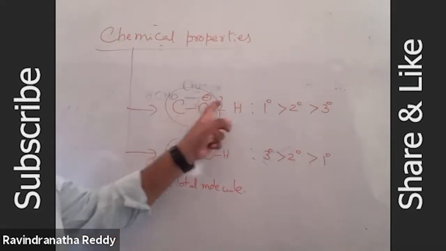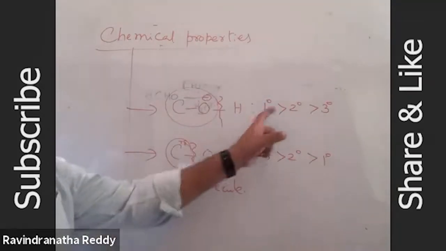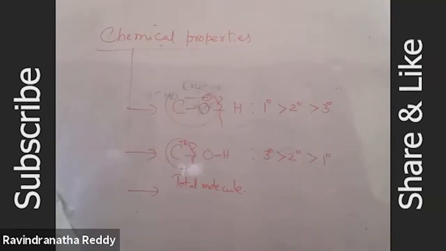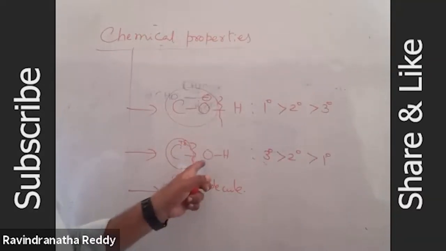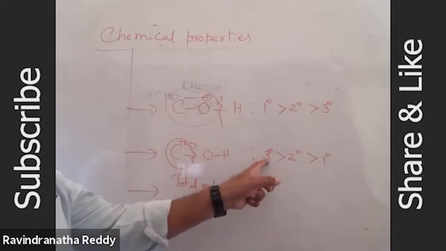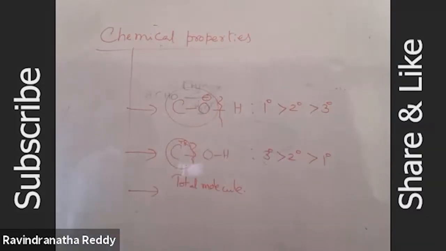Here there is anion formation, O minus. Like that anion, 1 degree is more reactive, next 2 degree, next 3 degree. Check what type of reaction it is. This category means this reactivity order, and that category means that reactivity order. Getting this point?